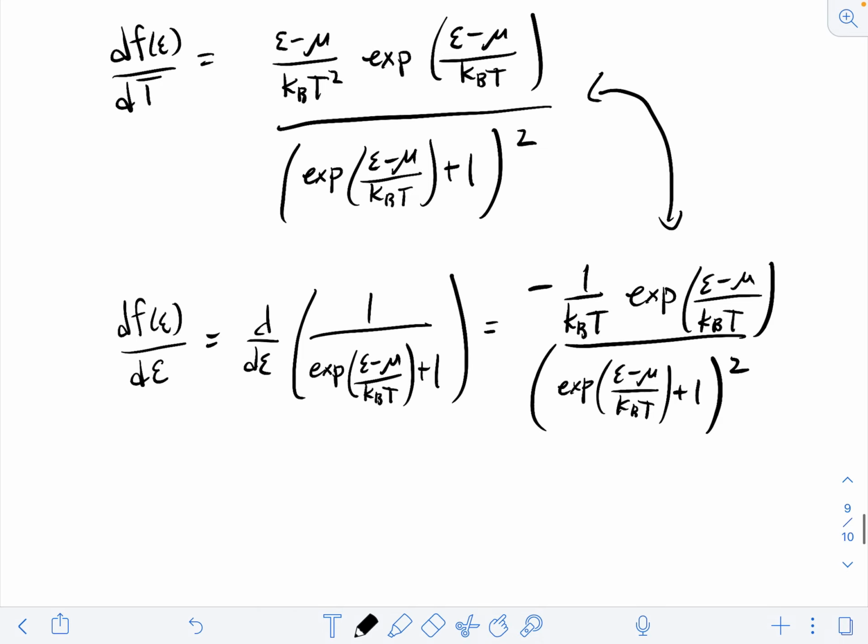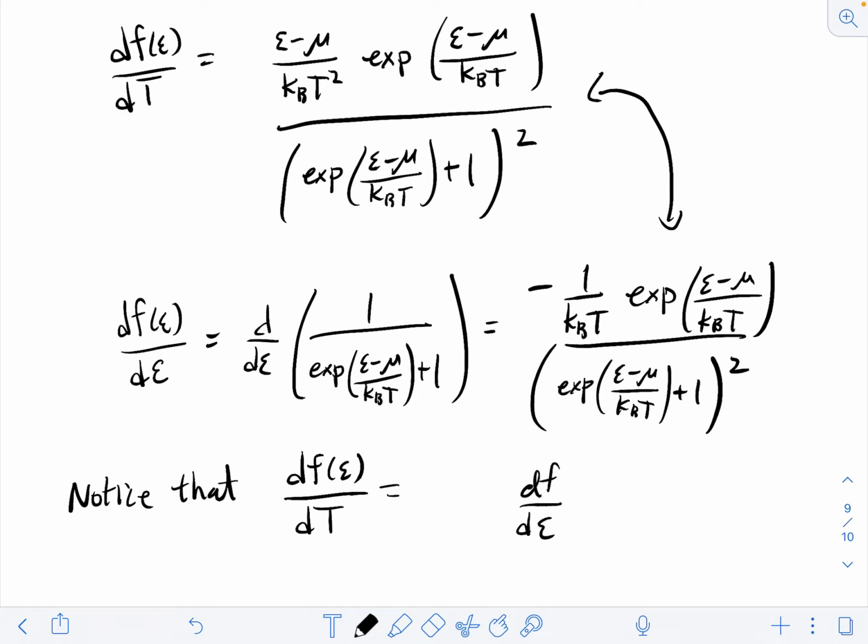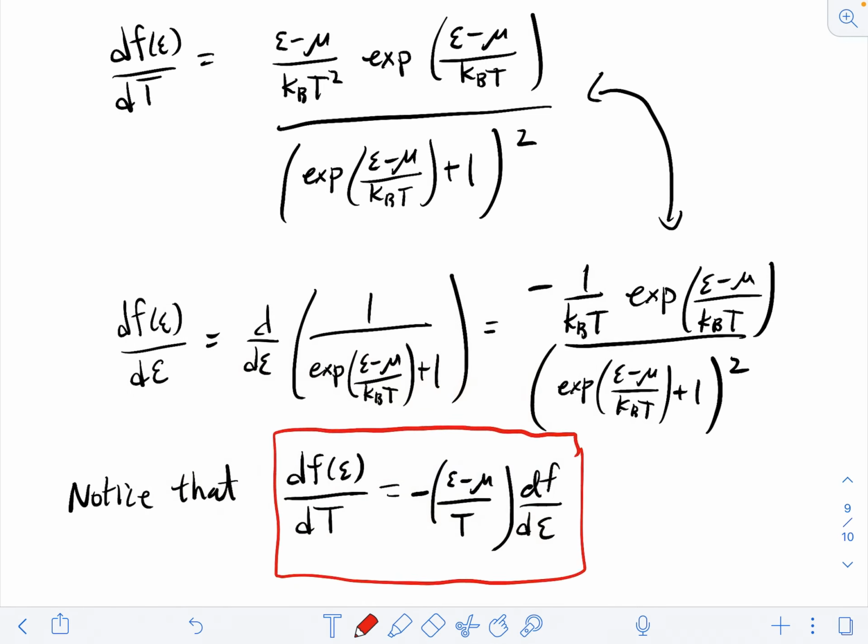In fact, there's a big common factor, and we can notice that df dT is the same as df d epsilon, except there's a negative sign, and there's an extra factor of epsilon minus mu, and it's a 1 over T squared instead of 1 over T. And so there's this relationship between these two derivatives.